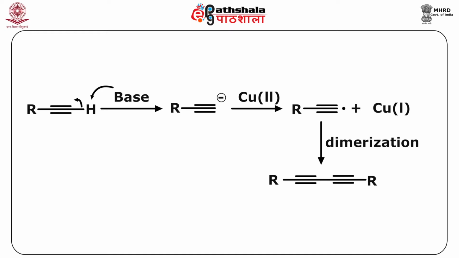As can be seen, the base abstracts a proton forming an anion, which in the presence of the copper 2 oxidized complex leads to the formation of an acetylide radical, which undergoes dimerization with another such molecule, forming a dimer product.